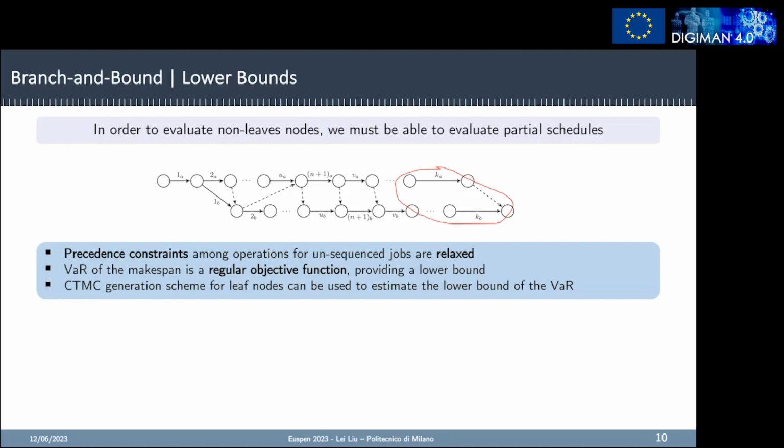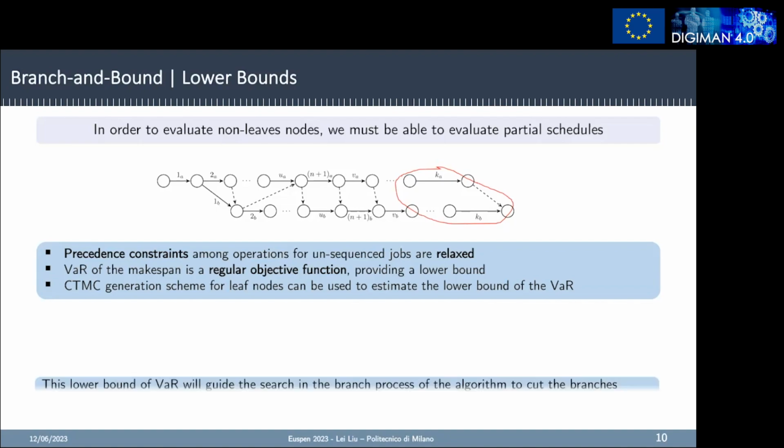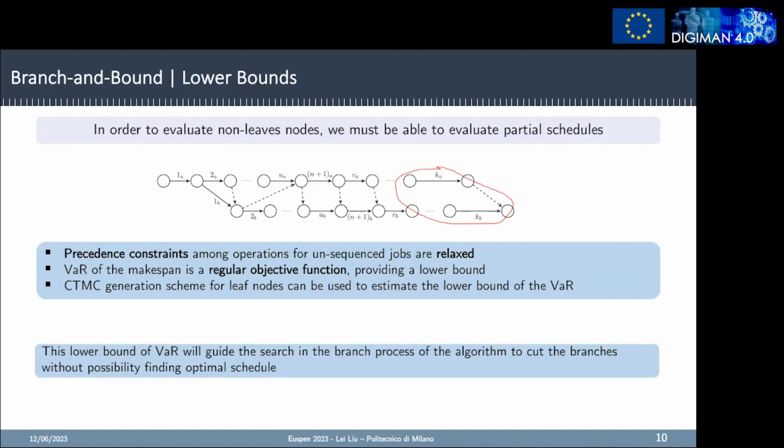And the continuous time Markov chain generation scheme can also be used here to estimate the lower bound of the VaR value. This lower bound of VaR will guide the search in the branching process and cut the branches without possibility of finding the optimal schedule.